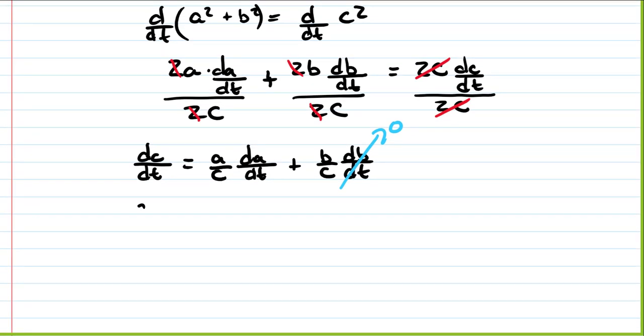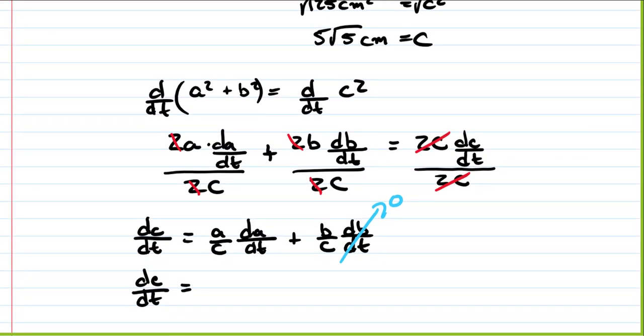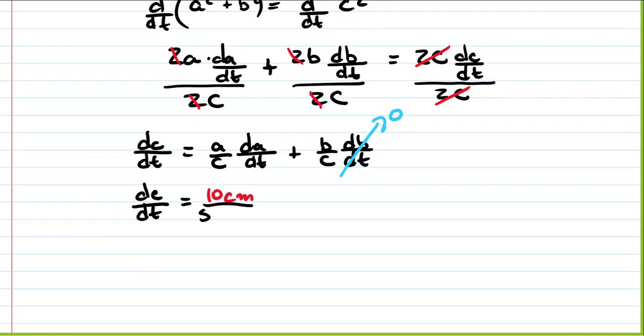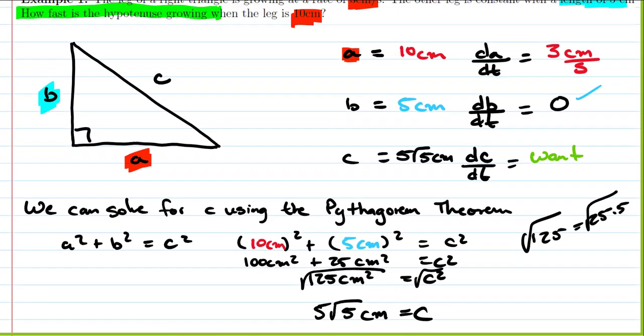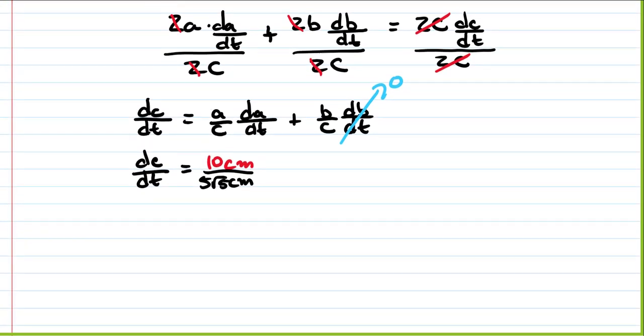So we substitute in our values. So dC dt is equal to a divided by c. So that's going to be 10 centimeters over 5 square roots of 5 centimeters times dA dt. And dA dt is 3 centimeters per second.